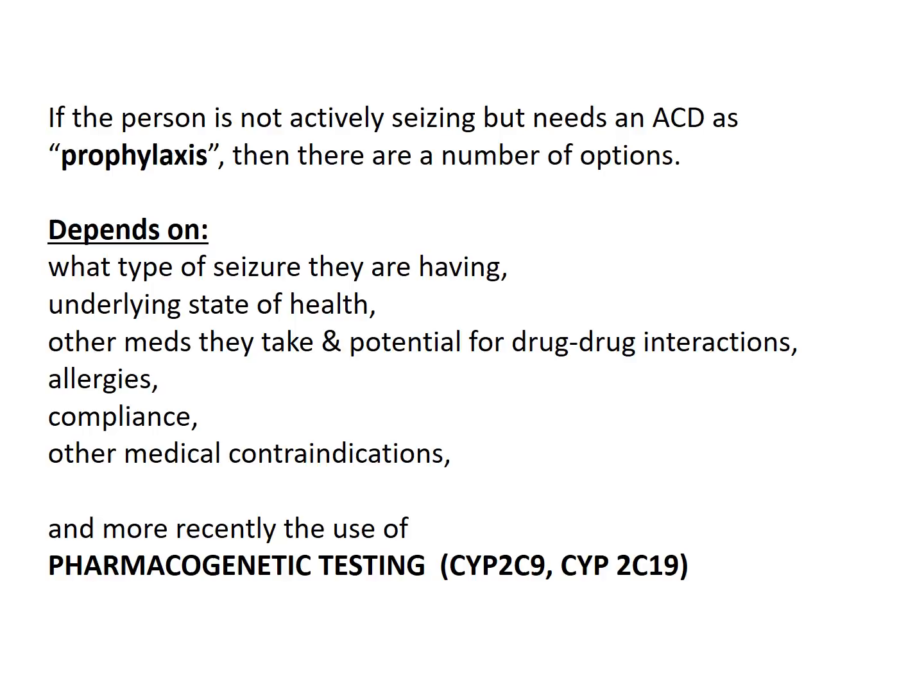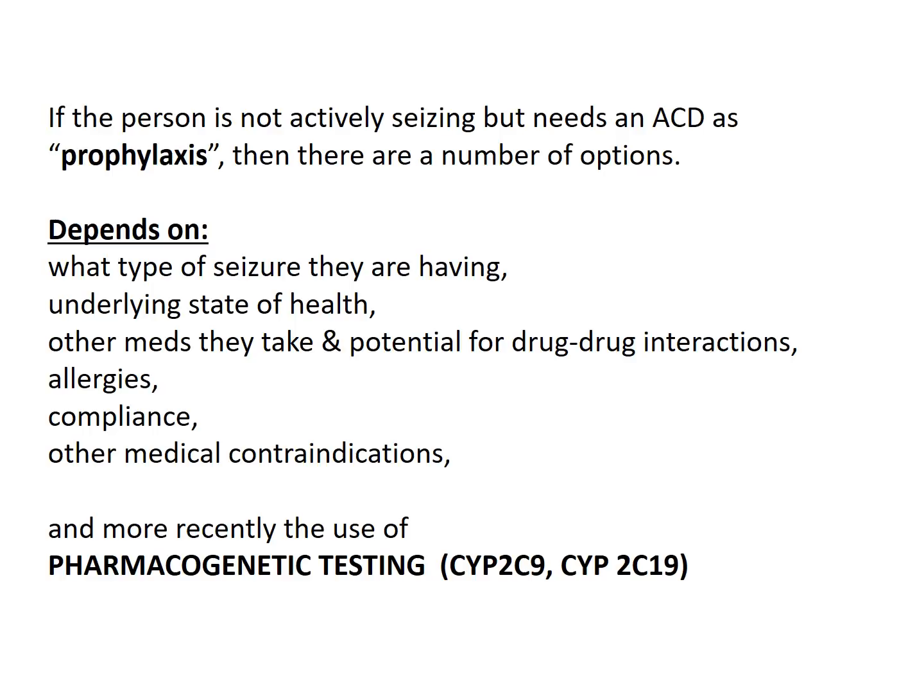It's all dependent on what type of seizure they're having, how that seizure is classified, their underlying state of health, other drugs they're on that can cause drug-drug interactions, allergies. Are they going to be compliant to a drug if it's a once-a-day option versus a 3-time-a-day option? And more recently, using pharmacogenetic testing. Hopefully you'll hear more about that in your pharmacology course.